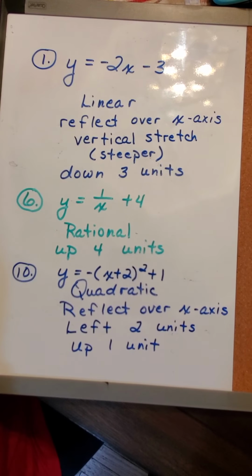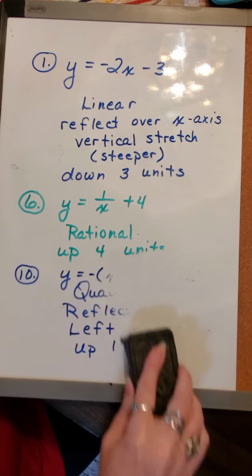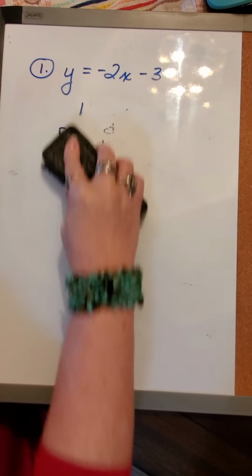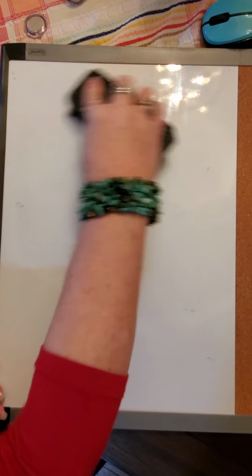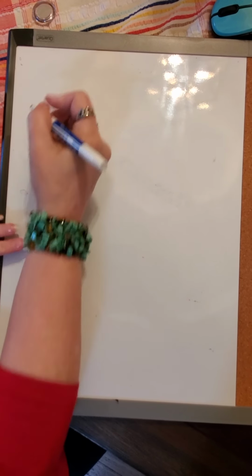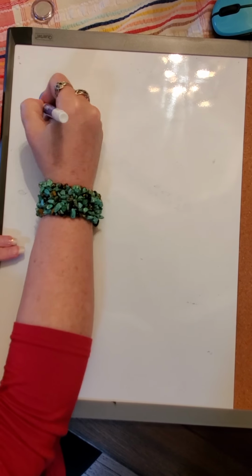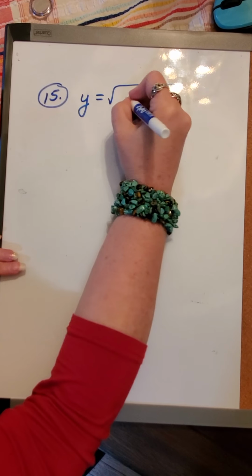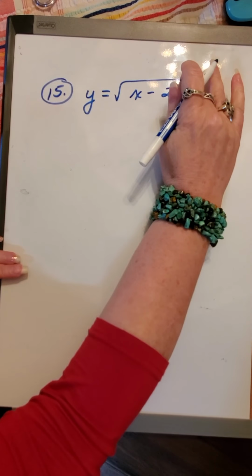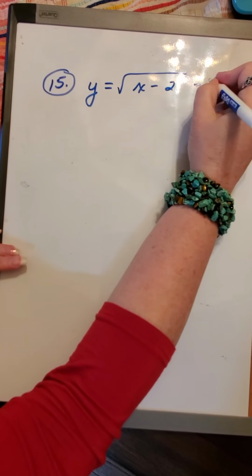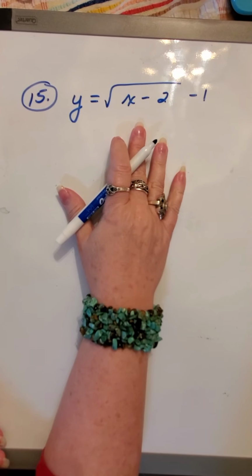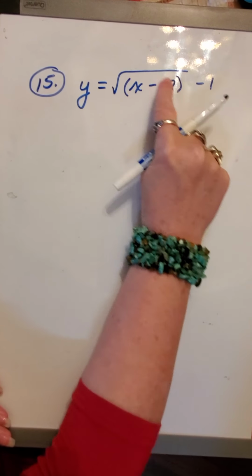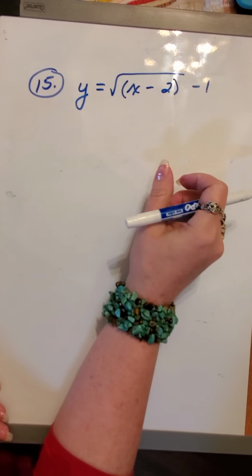Okay, I'm going to do 2 more. Okay, this is number 15. Now, when you have this written out like this, if you want to, you can go ahead and put parentheses around this, because whatever's underneath that square root sign is the same as if it was parentheses.